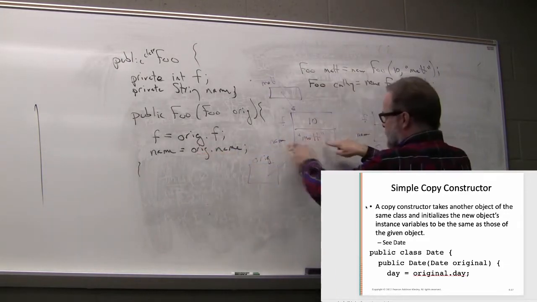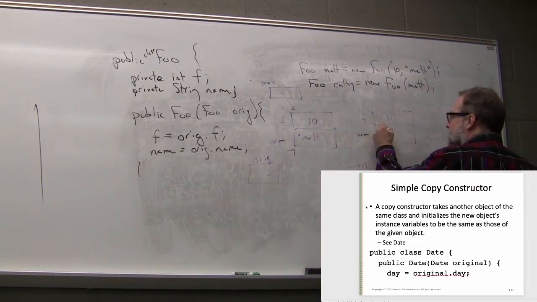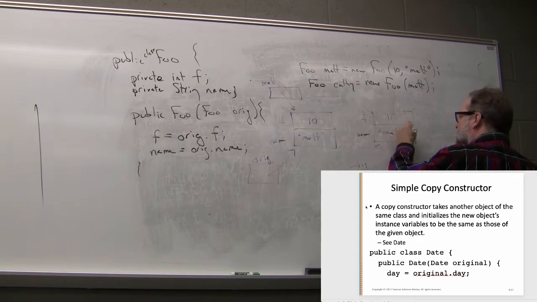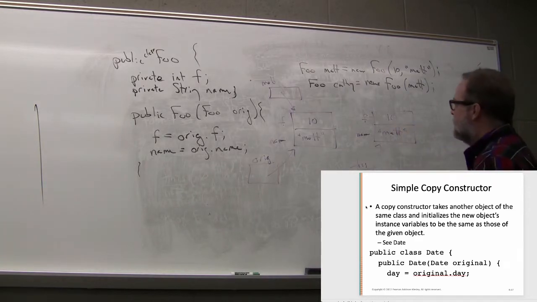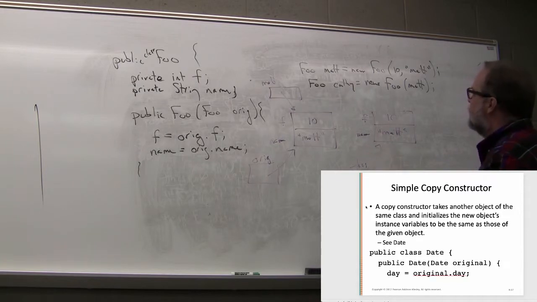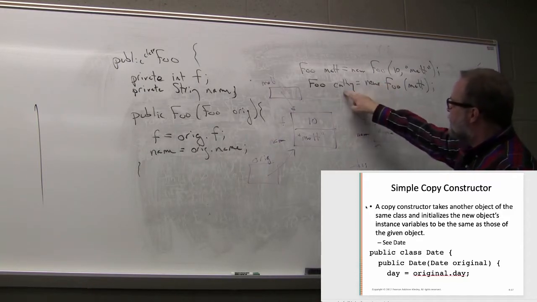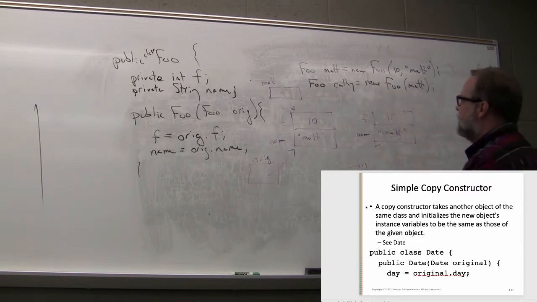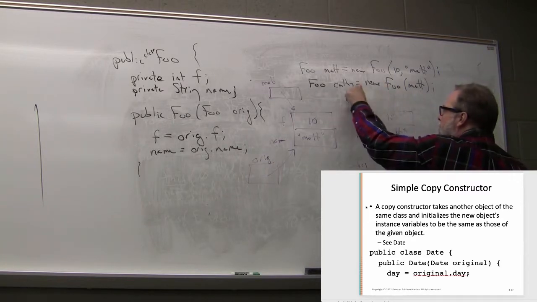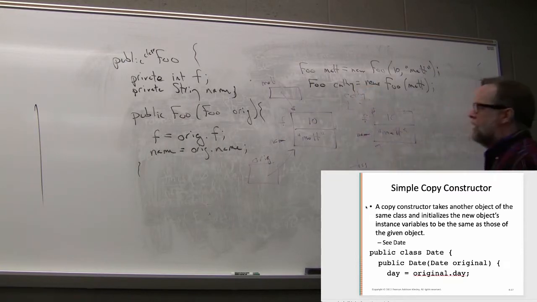Here's orig, here's the name field. It's going to take this string and copy it in over here, like that. And then I return. Now that I've got the object, the assignment operator is going to cause the variable Kathy to refer to that new object that I've created.